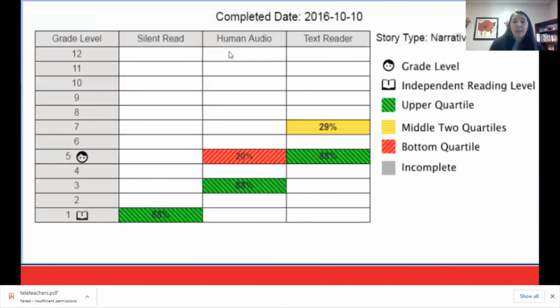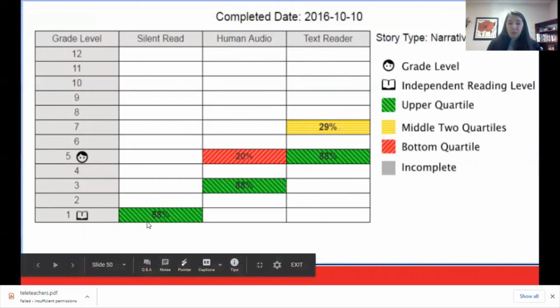So with human audio, so a human voice reading to them the passage, they were able to reach a 3rd grade level. And then with a text reader, so a computerized voice text reader, they were actually able to read 5th grade level comprehension with that, with the auditory supports.